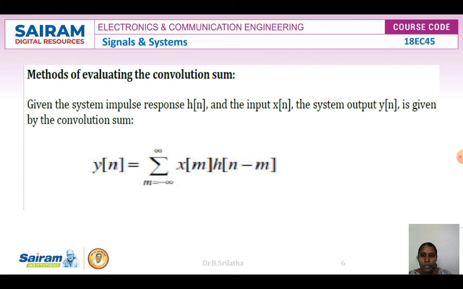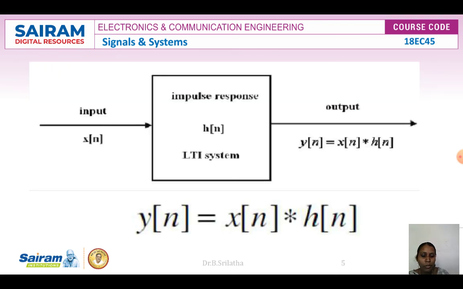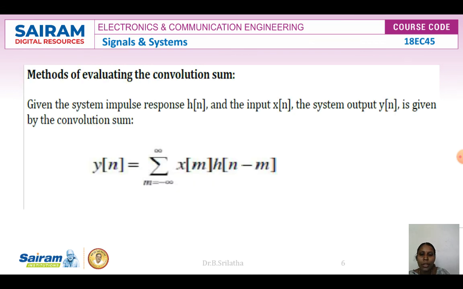Using the convolution sum, y of n is the convolution of input and impulse response, which we can write as the summation over m from minus infinity to plus infinity of x of m into h of n minus m. This is nothing but the convolution of input with impulse response. By using this formula we are going to find the convolution sum, and the remaining problems we'll see in the next class. I hope you understood.